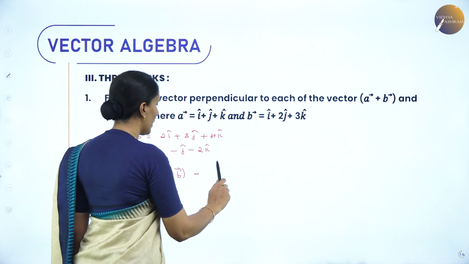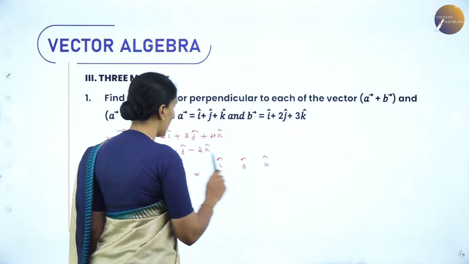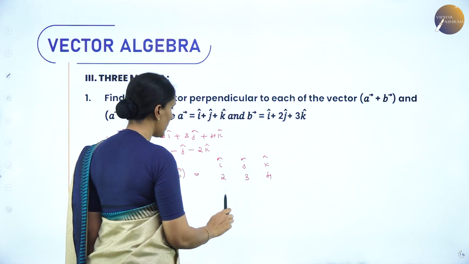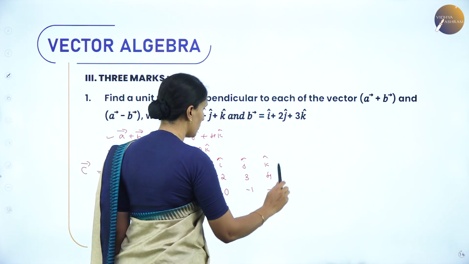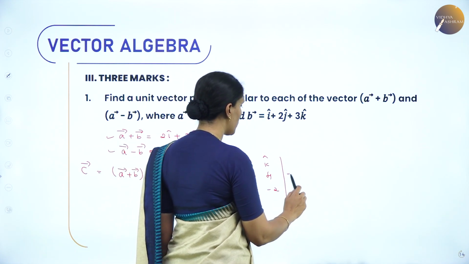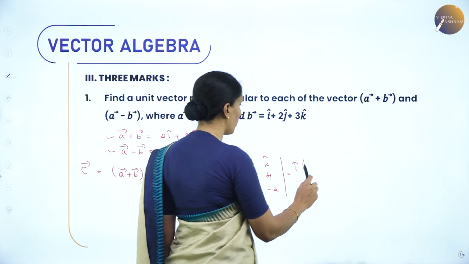So, here I have again i, j, k and components 2, 3, 4. Here it is 0 because there is no i component. Minus 1, minus 2. So let's take the cross product of these two vectors. i into minus 6 plus 4.